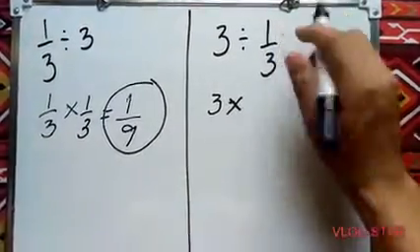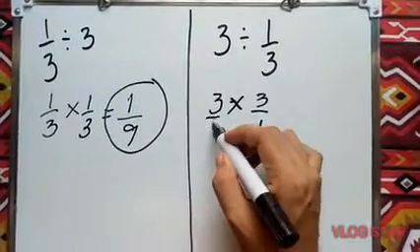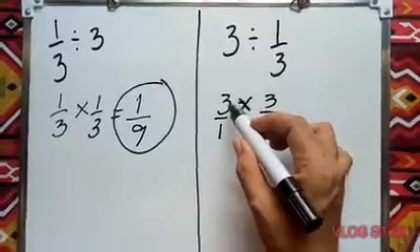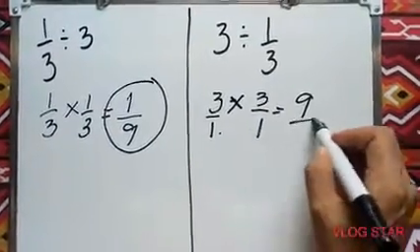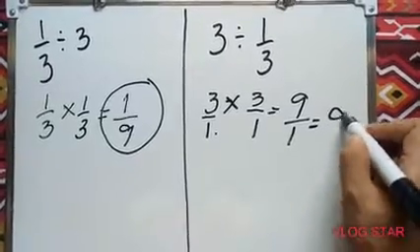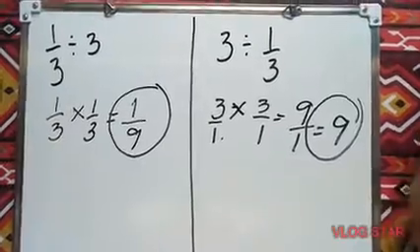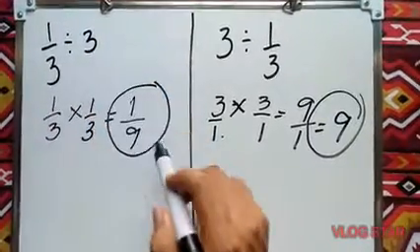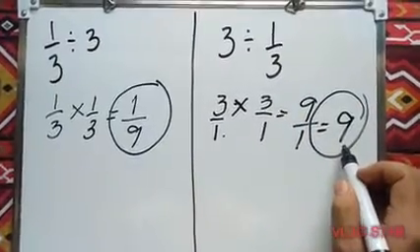Get the reciprocal of 1/3, and let's put 1 here. So numerator times numerator is 9, then denominator times denominator is 1, or 9. So this is their difference. 1/3 divided by 3 is 1/9. 3 divided by 1/3 is 9.